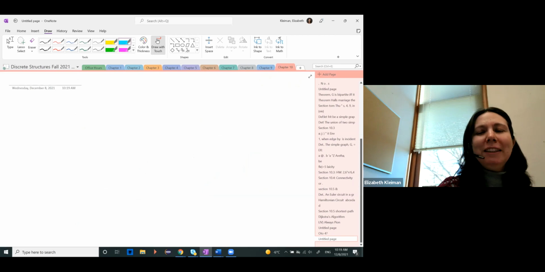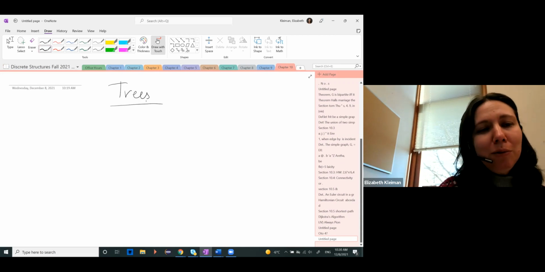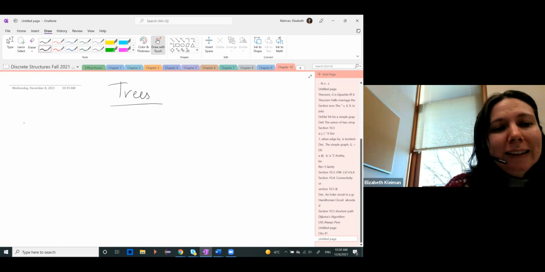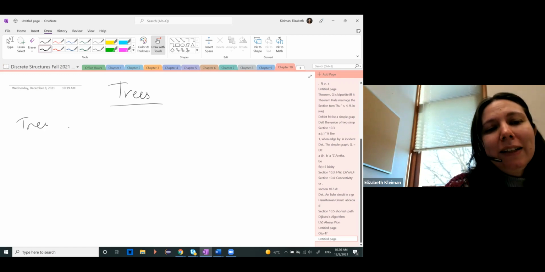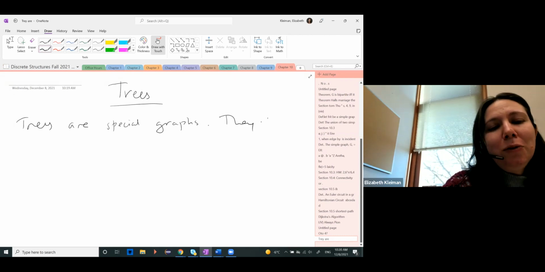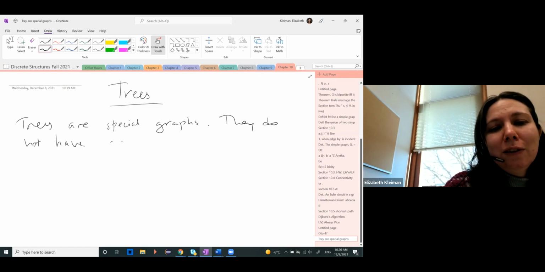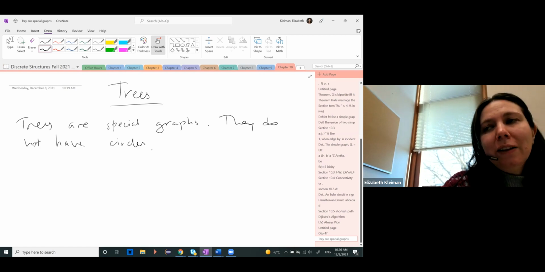So the chapter we didn't cover, and I wanted to at least touch base on it, is chapter 11, and it talks about trees. What I want you to know before going to any next class is that trees are special graphs. They do not have cycles at all.